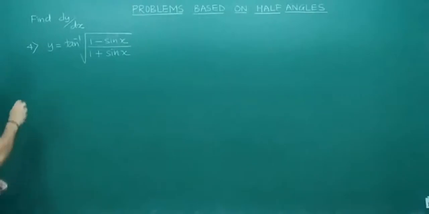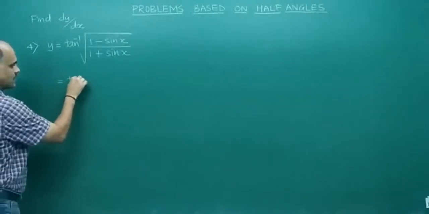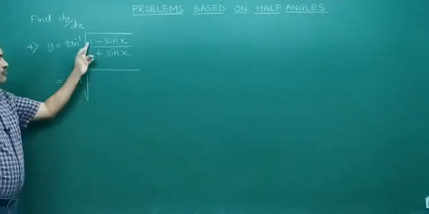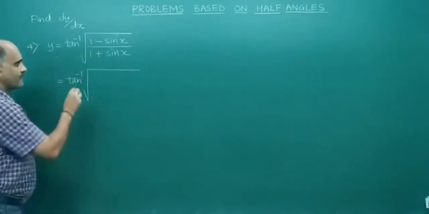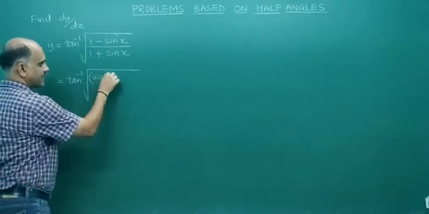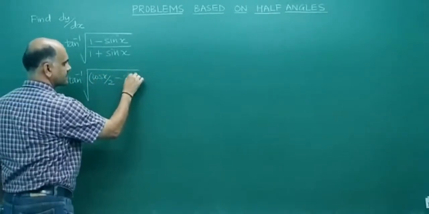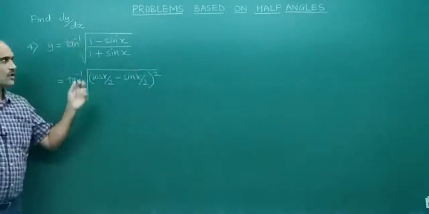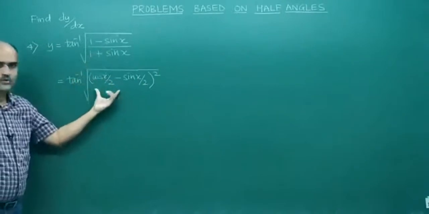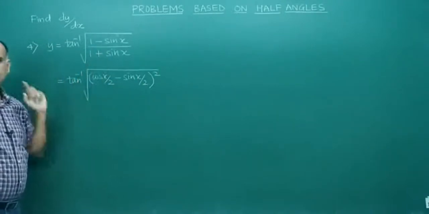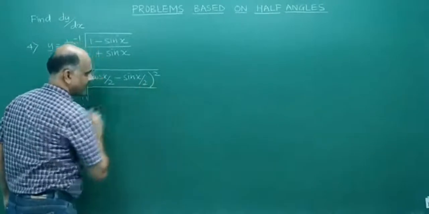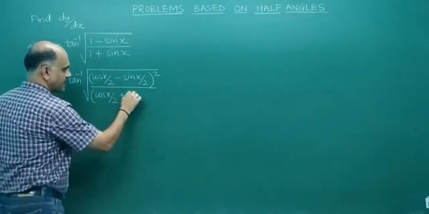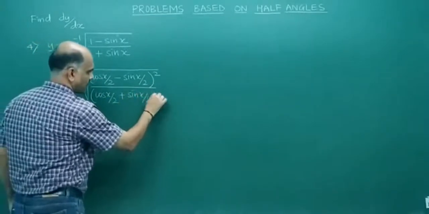So now if I again apply the formula, tan inverse root of 1 minus sin x. If I apply the half angle formula, it is cos x by 2 minus sin x by 2 bracket square. Similarly, in the denominator if I apply, cos x by 2 plus sin x by 2 bracket square.